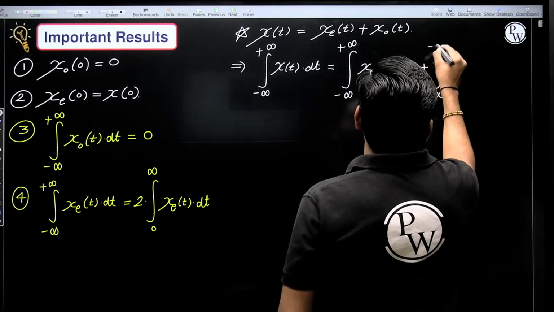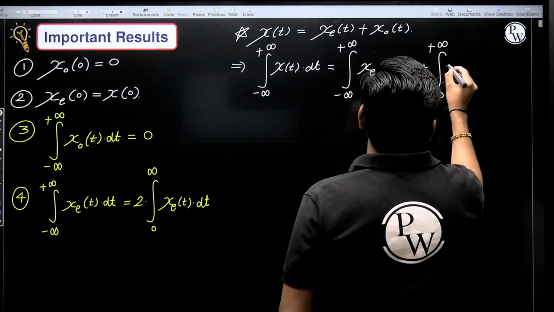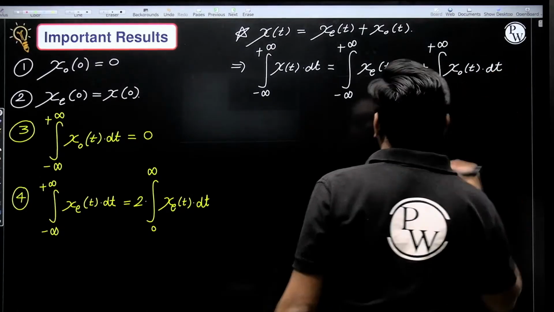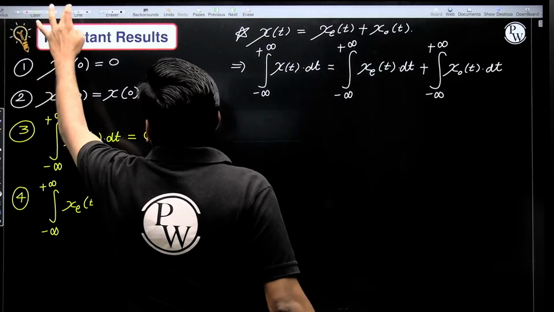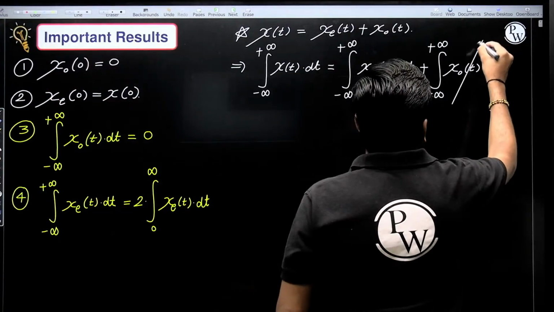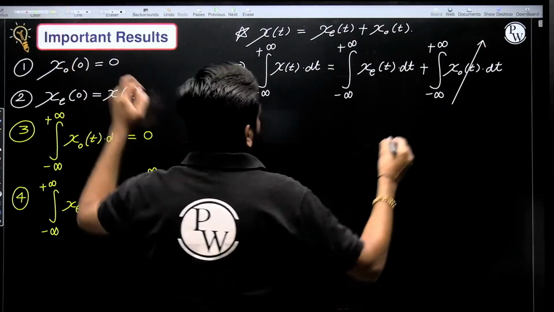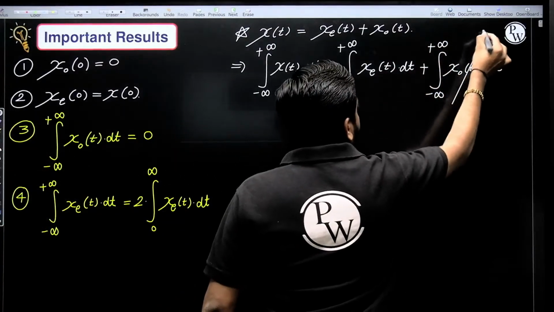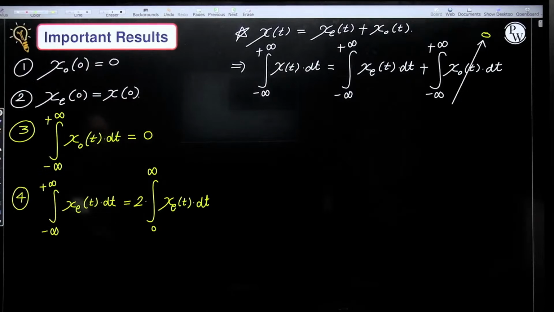Integration is a linear operation, so you can separate the integration. Already we have seen that the area under an odd signal is 0.